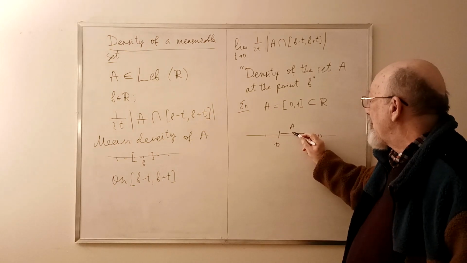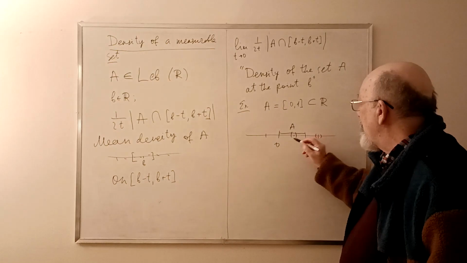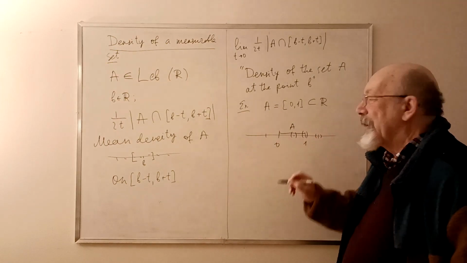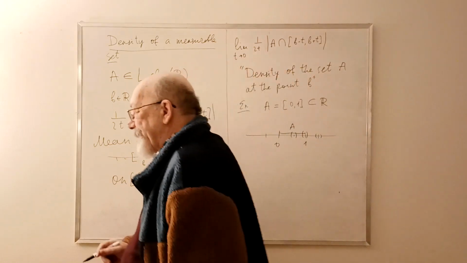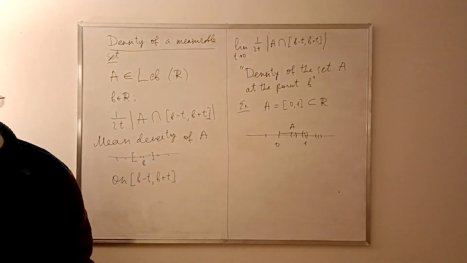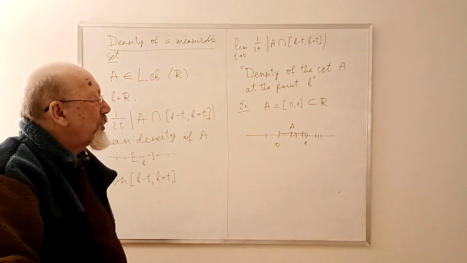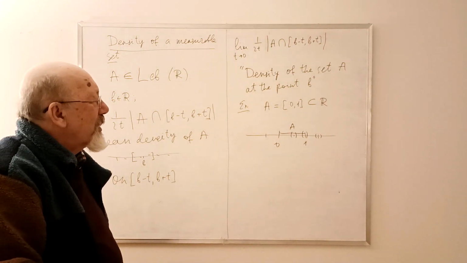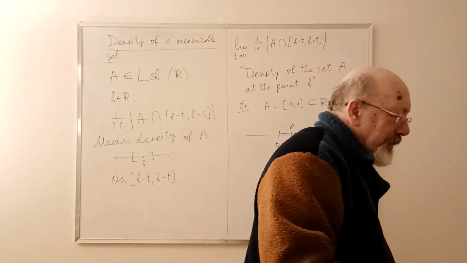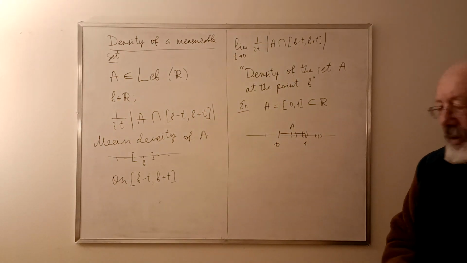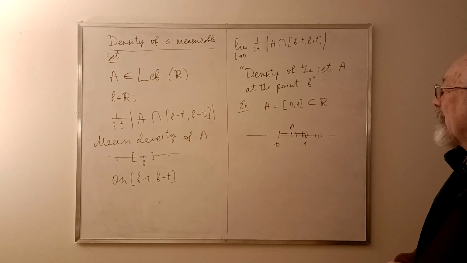Here the density, by the same reason, is 1. And here at the endpoints the density is 1/2. And so again, the question: is it possible that we have a set such that its density is 1/2 at every point of the line, for example?